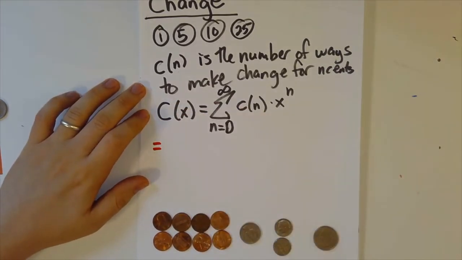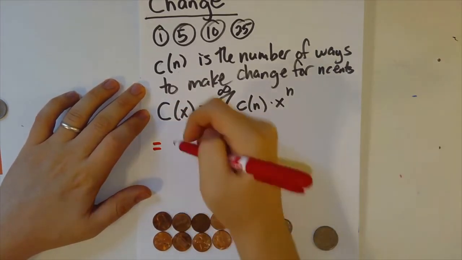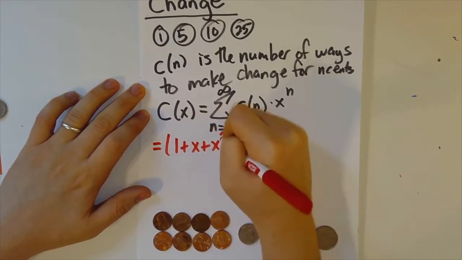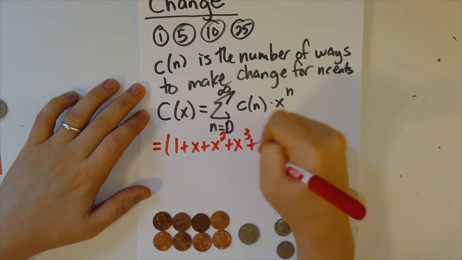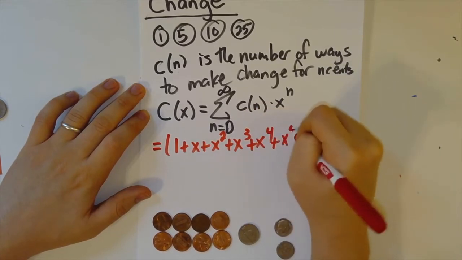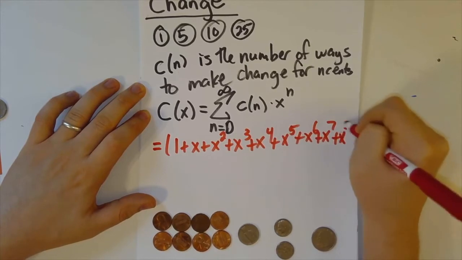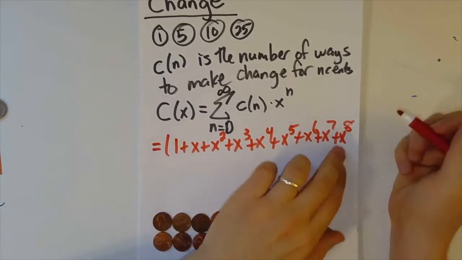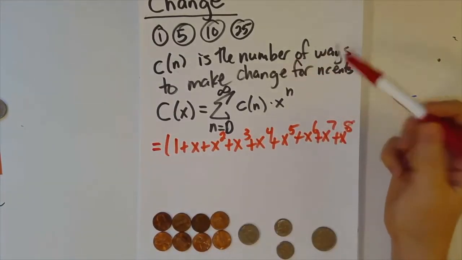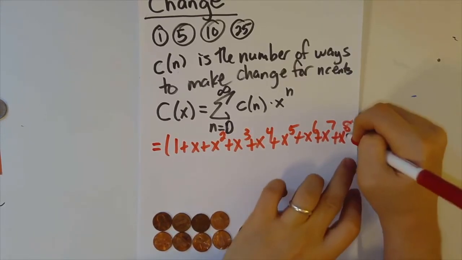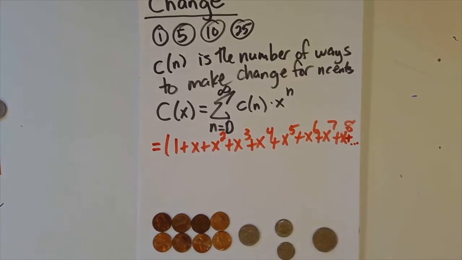The way I'm going to talk about the amount of pennies I have is to write down this polynomial: 1 plus x plus x squared plus x cubed plus x to the fourth plus x to the fifth plus x to the sixth plus x to the seventh plus x to the eighth. When am I going to stop? If I'm talking about an arbitrary n, I have no idea. I can't actually stop. So when I called this a polynomial, I lied slightly.